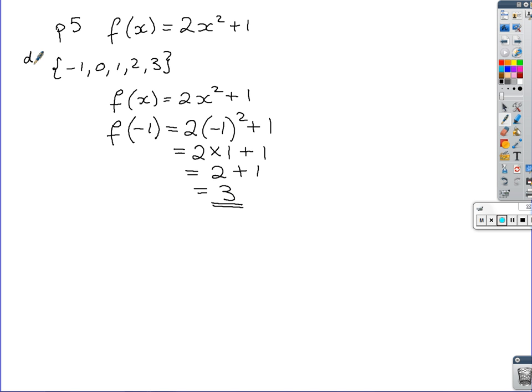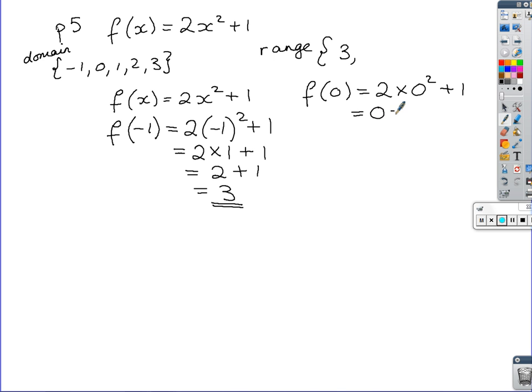These are the domain numbers, and the range we're doing step by step. First one is 3. Next one, we take 0. F of 0 is 2 times 0 squared plus 1. 2 times 0 is 0 plus 1, which is 1. 1 is the second number in our range.